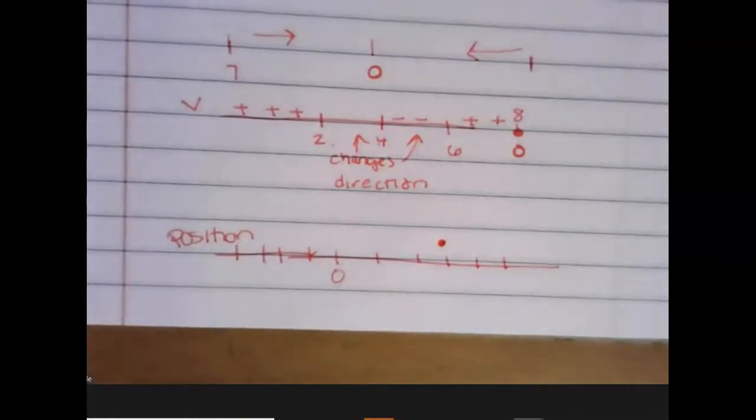If velocity is positive, it's moving to the right. However, at 2, my position is 0. So that tells me that somewhere from 1 to 2, it moved to the left. So it goes to 0, to -1, to -4, and then all the way back to 8.